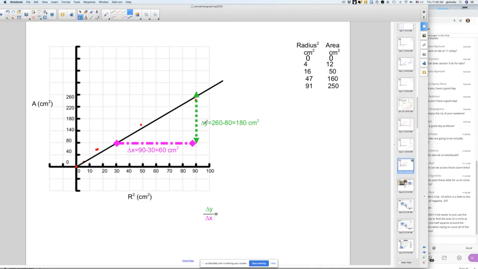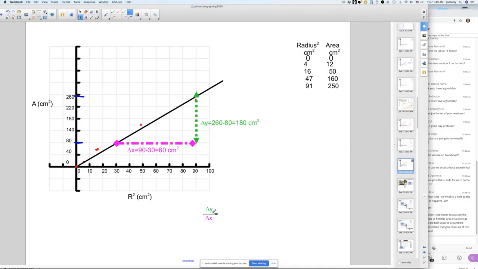So, for example, the rise here, delta y, is 260 minus 80, or 180. Delta x is 90 minus 30, which is 60.